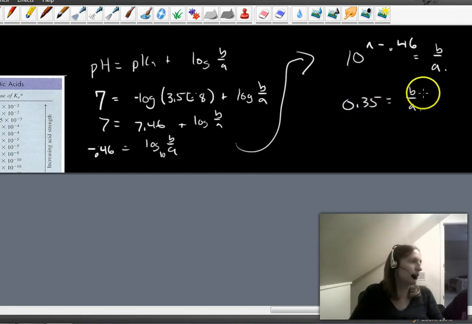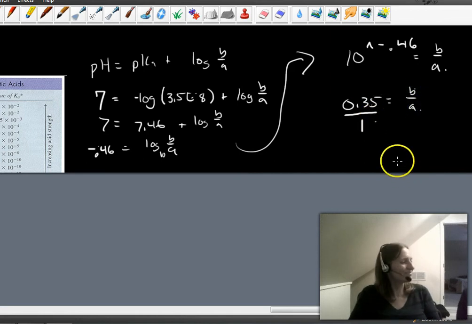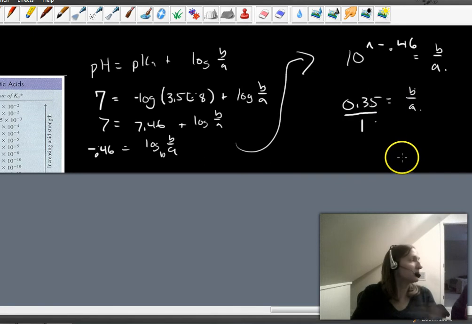That means that my ratio of base to acid ought to be 0.35. Well, what does that mean? It's sort of hard until you realize that it's very helpful to do this. That way you can say, all right, we can have 0.35 base and 1 acid. Ta-da! Ratio. It's a ratio, so you can make up anything you want as long as the ratio works.